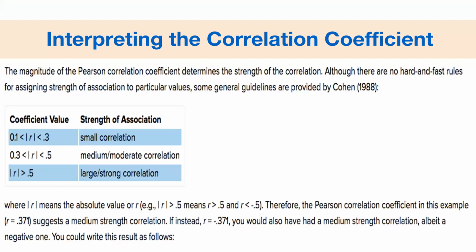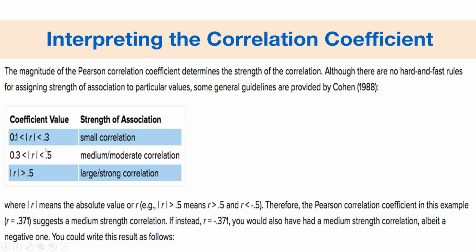Now, there are many ways to interpret the correlation coefficient. The magnitude of the Pearson correlation coefficient determines the strength of the correlation. Although there are no hard and fast rules for assigning strength of association to particular values, some general guidelines are provided by Cohen, 1988. Take note of the absolute value, meaning positive or negative numbers, its absolute value is always positive.